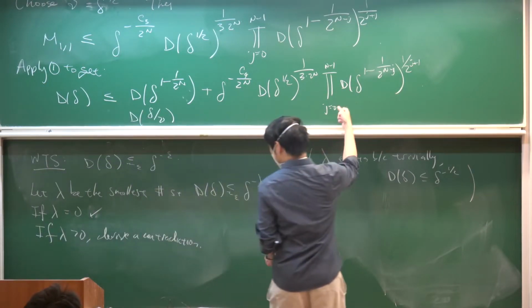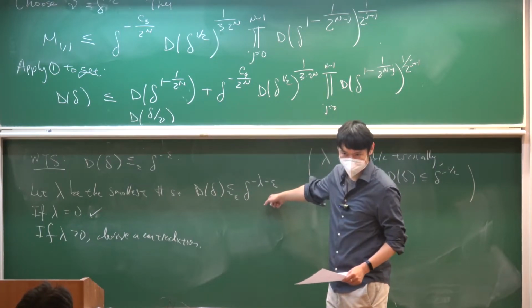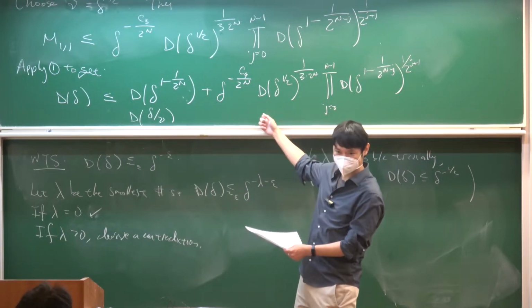You can make this quantitative if you want, but this is the easiest way. So let's assume lambda was the smallest such that this estimate is true, and that lambda is positive. We have all the data, so let's plug it in.